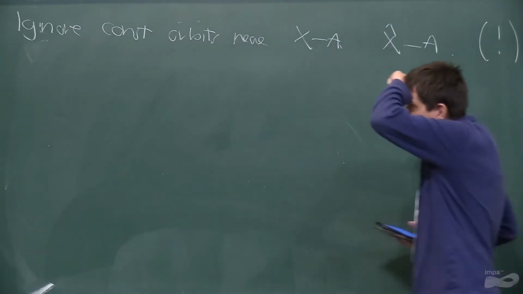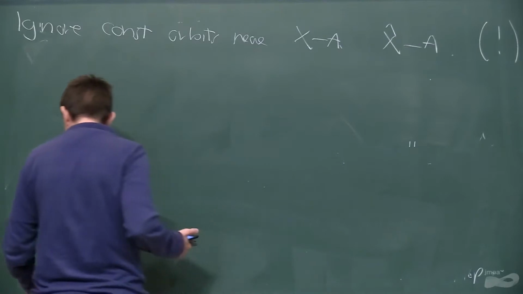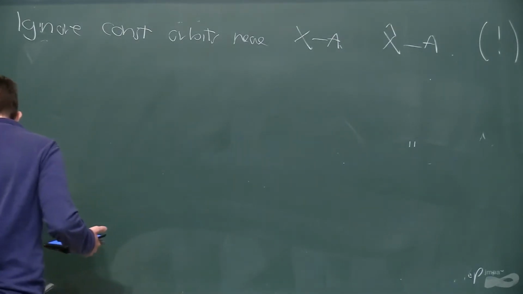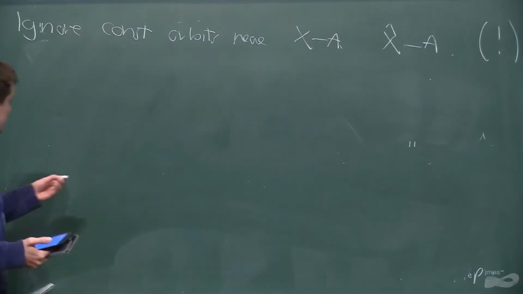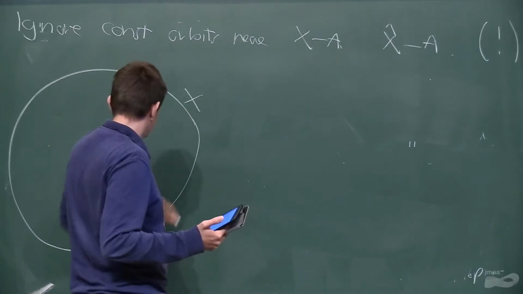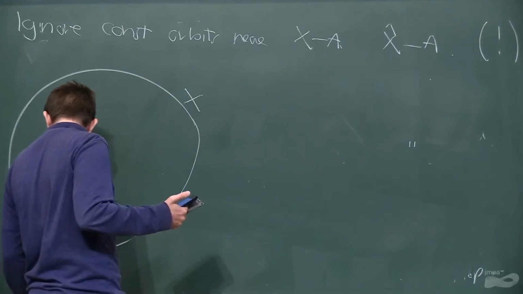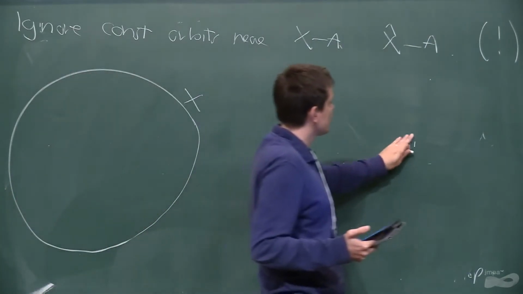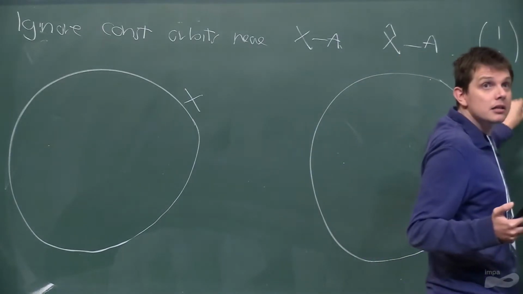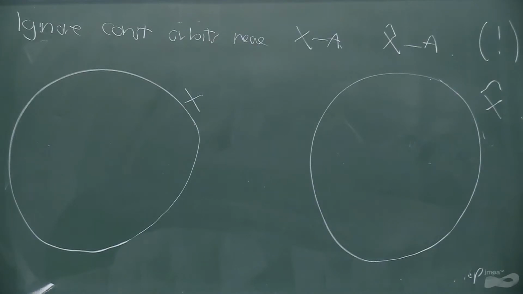So let me draw another picture. Let me draw X and X hat as two-dimensional things. So my schematic diagram is going to look like this. Here's X, here's X hat. And inside X and X hat, I remember I have these subvarieties, V and V hat. These are the varieties where the birational transform is ill-defined.